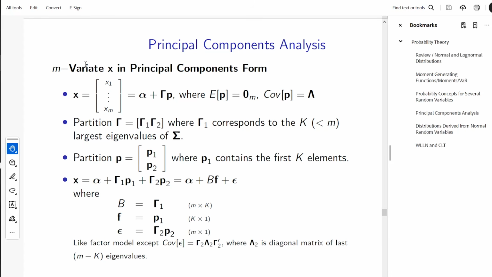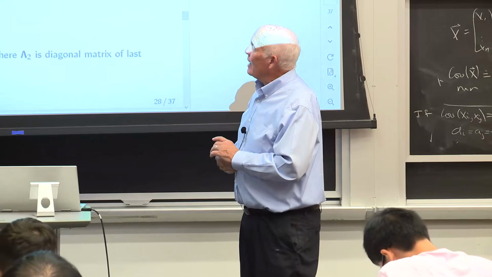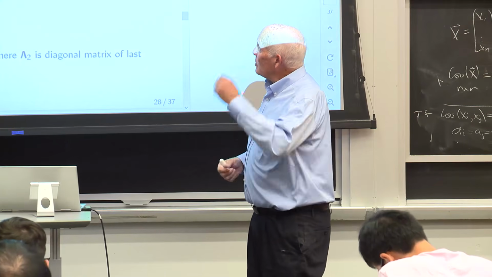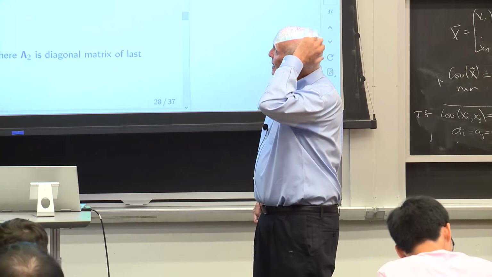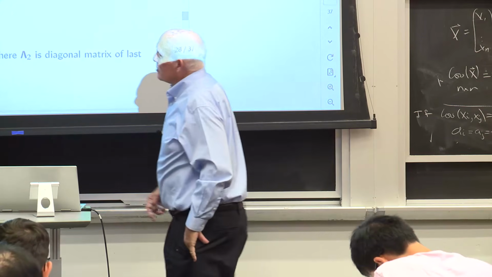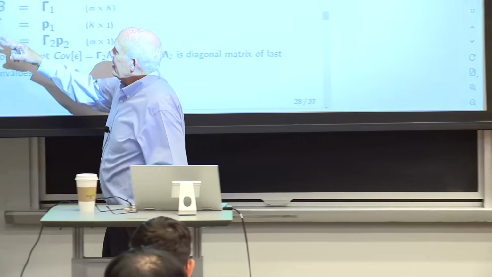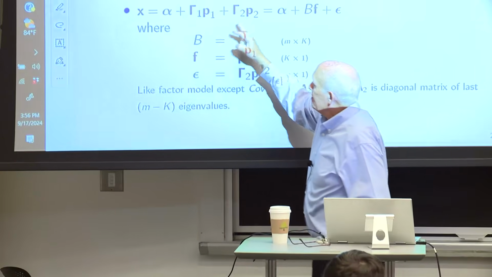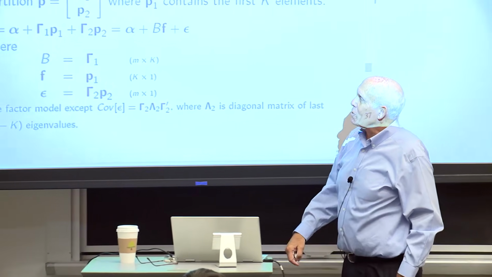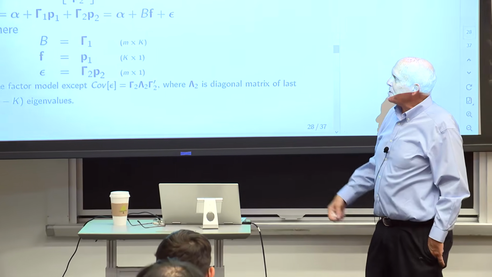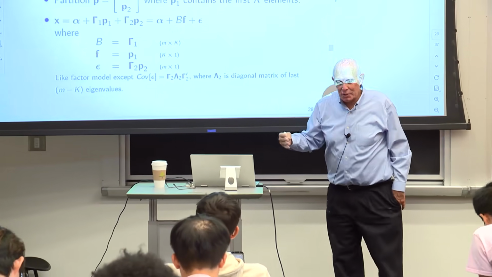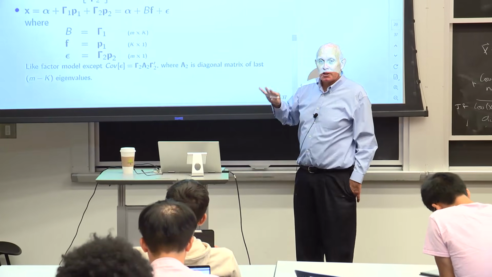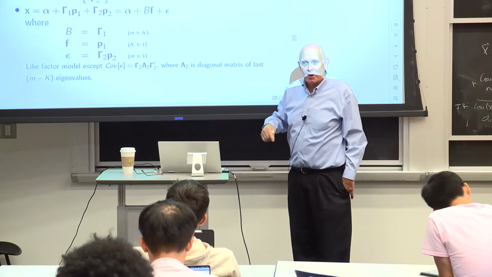Let's see, I guess we'll finish there for today, but on Thursday we'll finish these notes up, and what you'll be able to see is how we can represent an x vector as a sum of terms, and maybe the sum of terms corresponds to using just a small number of the principal component variables.